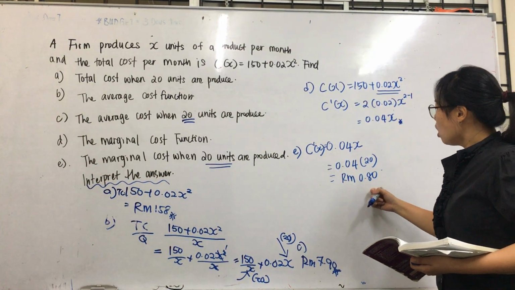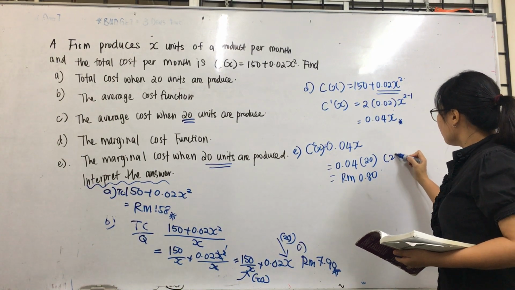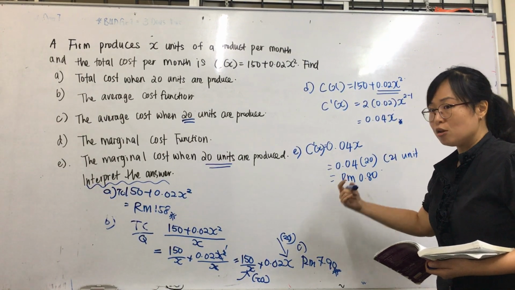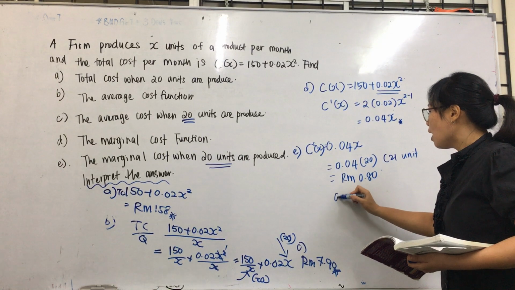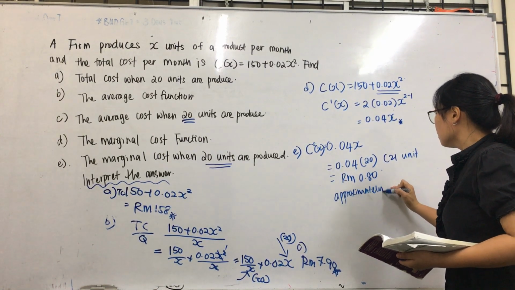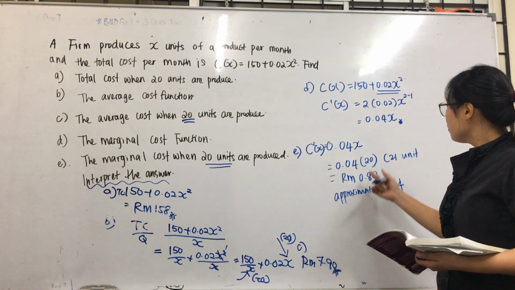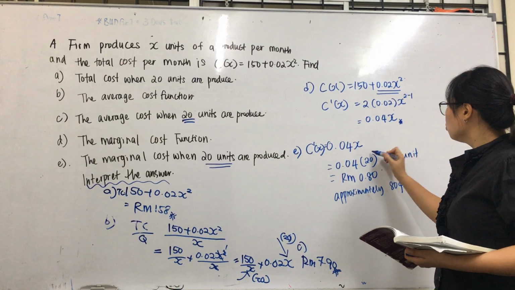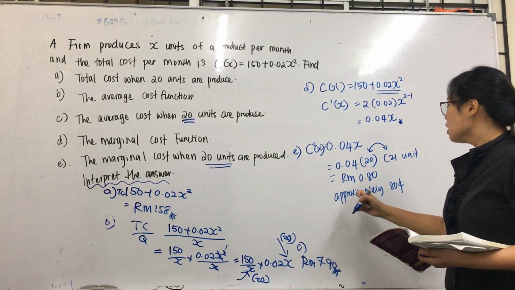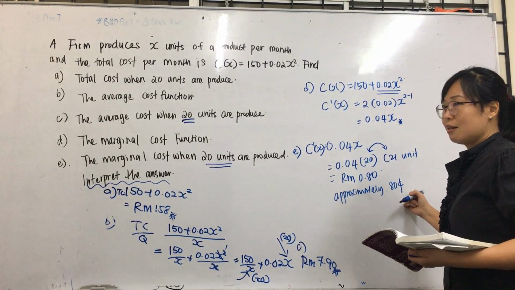Meaning to say that here, when the 21st unit of product is being produced, the cost is approximately 80 cents. Meaning to say that from 20 units to 21 units, the cost is approximately 80 cents.